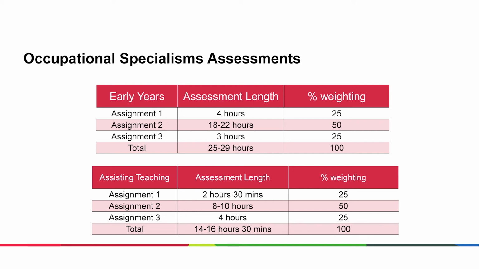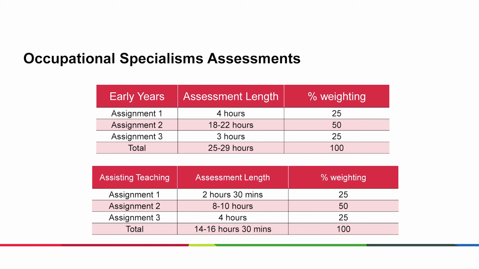The breadth of the core is now taken to a deeper level in terms of early years or assisting teaching. Early years students and those following assisting teaching will complete placement hours now as part of their study. And rather than elements that we've referred to in the core, they will now work through a series of performance outcomes. There are 5 performance outcomes in the early years specialism and 4 for assisting teaching.